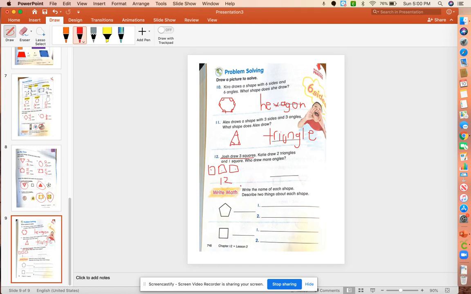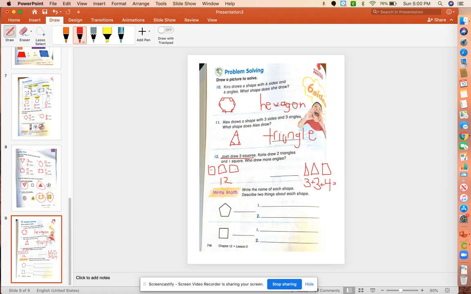So Josh drew 12 angles, and Katie, she did 2 triangles and 1 square. So this has 3 angles, 3 angles, and 4. So what is 3 plus 3 plus 4?